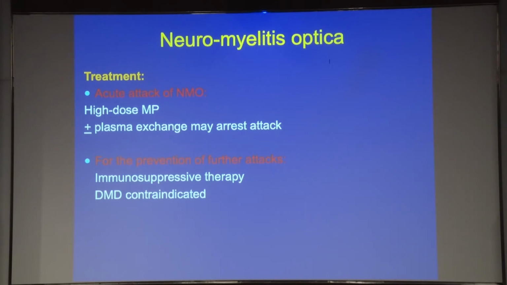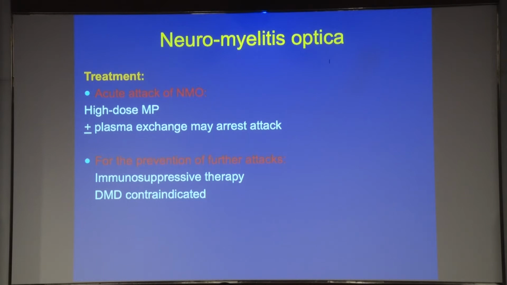You give high-dose methylprednisolone like you would give for MS-related optic neuritis, but we tend to go on for at least 5 days. If the patient does not improve, you may have to discuss with the neurologist and talk about plasma exchange. So it becomes an important intervention. We've seen that this intervention has shown better visual outcomes over the long term.